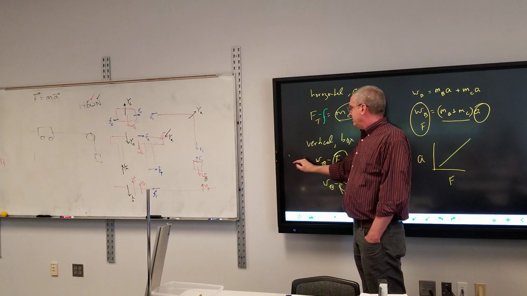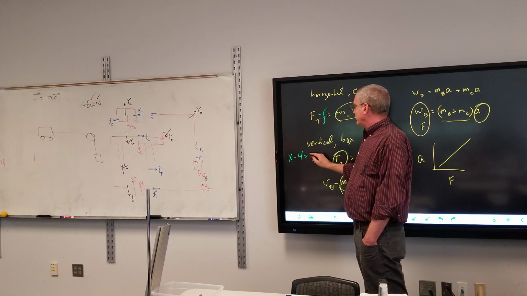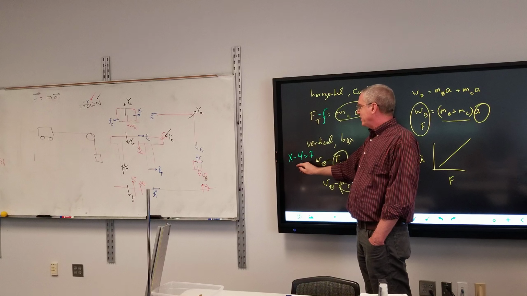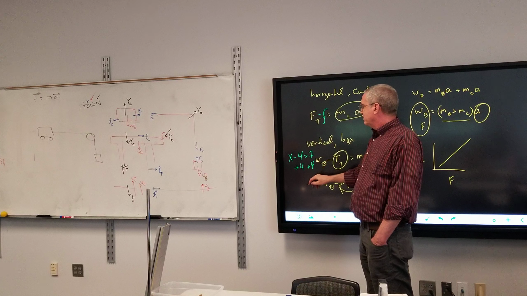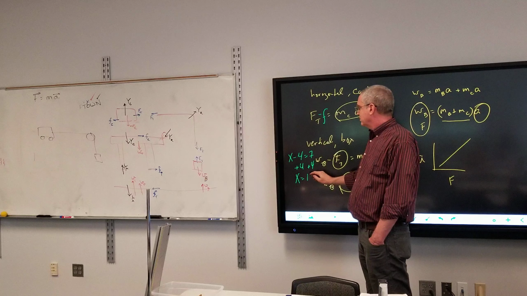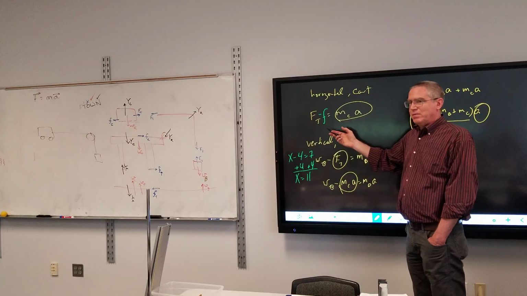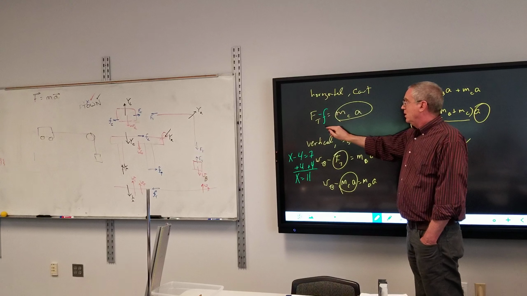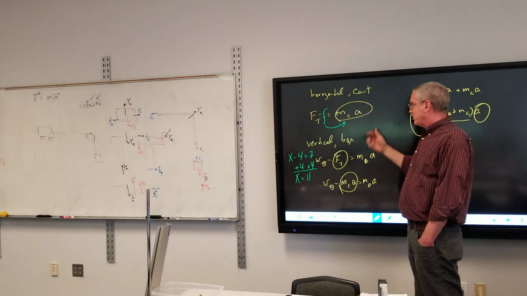So if I had x minus 4 equals 7, to get x by itself, I add 4 to both sides. I'm just doing the same thing here, except with letters. I'm just bringing this over, adding this friction to both sides.